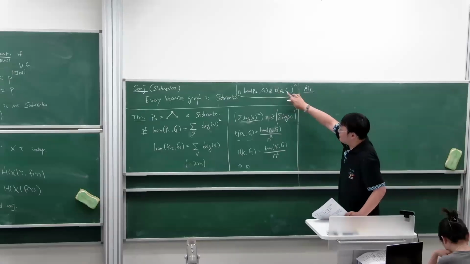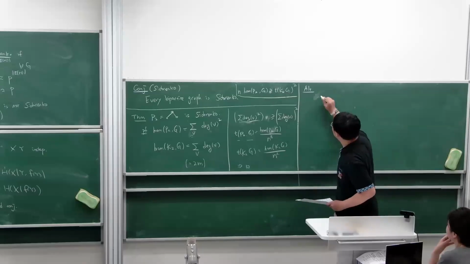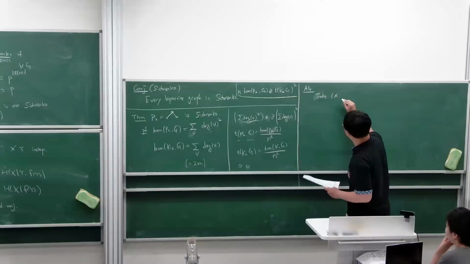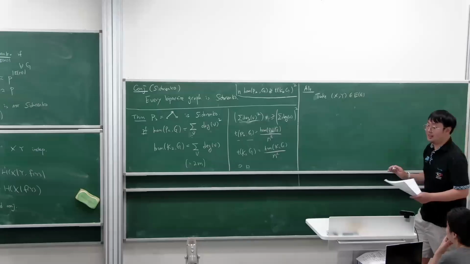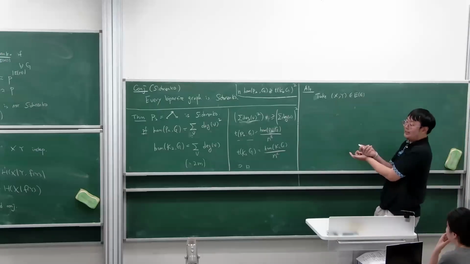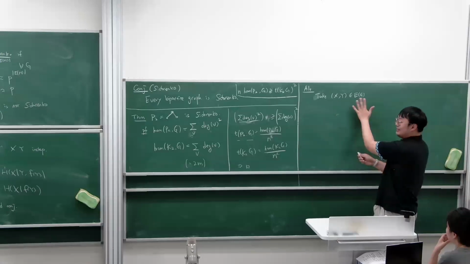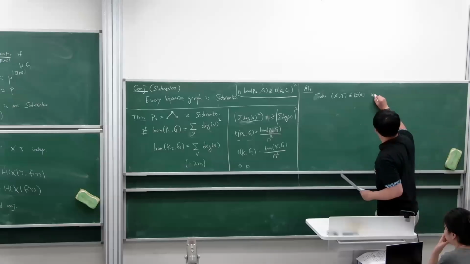So I want to sample something appearing in the right-hand side. That means I want to take a uniformly random edge. I'm slightly abusing notation here. Here, x and y is an ordered tuple, but usually the convention of the edge set of G is unordered, but you know what I mean. So I'm taking this uniformly at random.